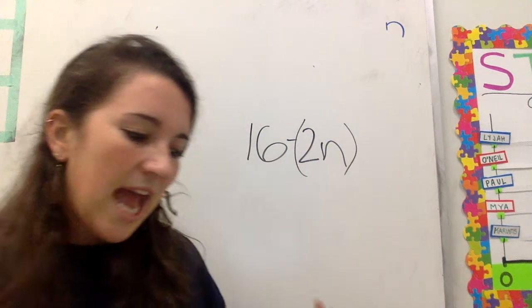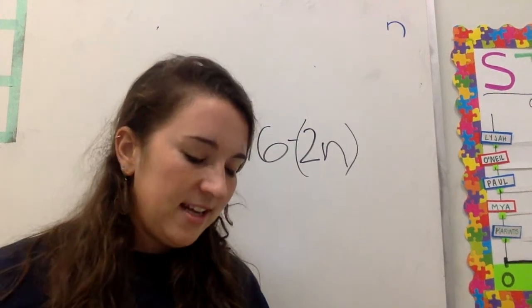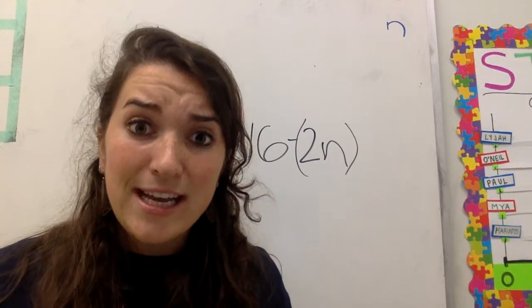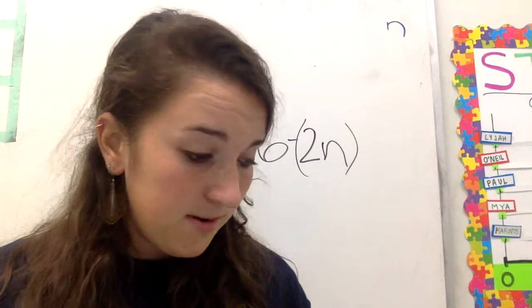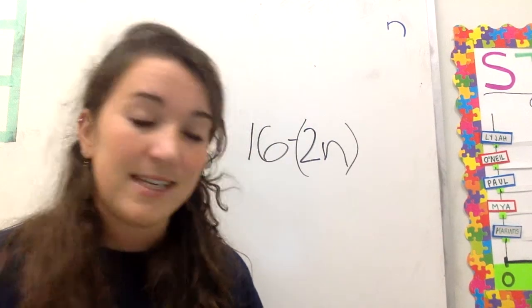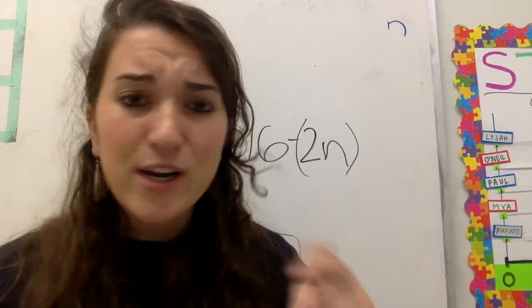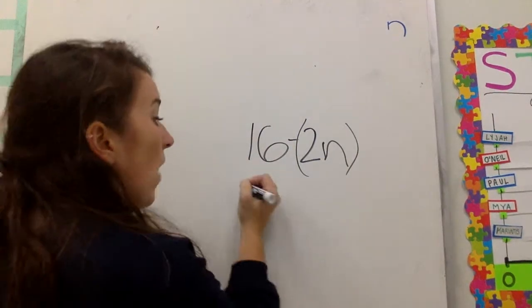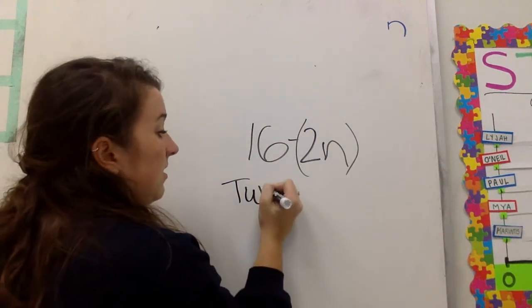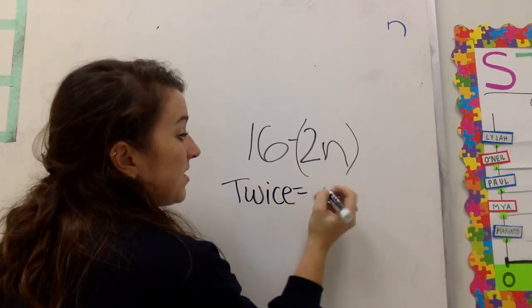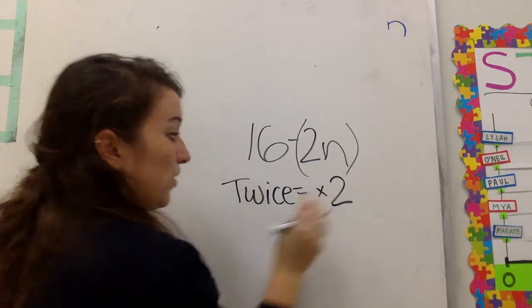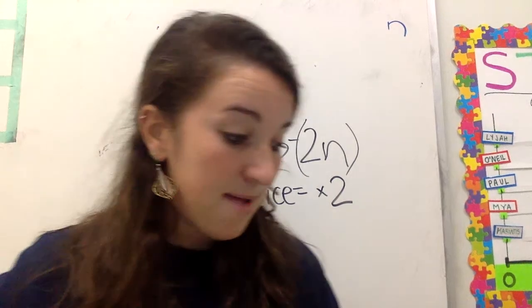But now let's look at letter E. Letter E says twice a number subtracted from 16. First, it's really important that we know this. Twice means times 2. Twice is the same as times 2.